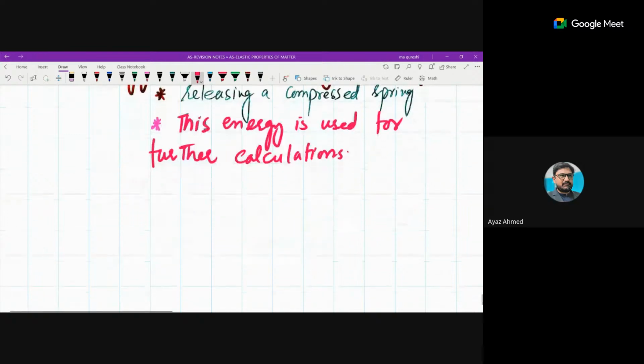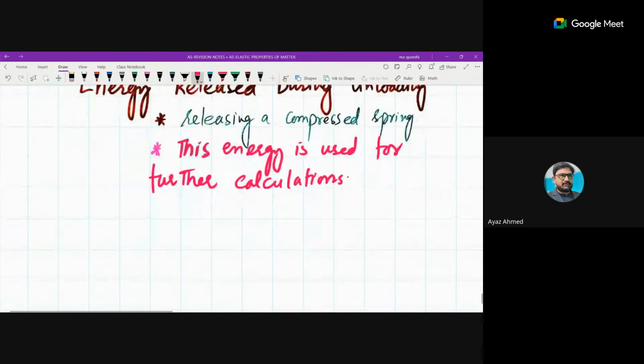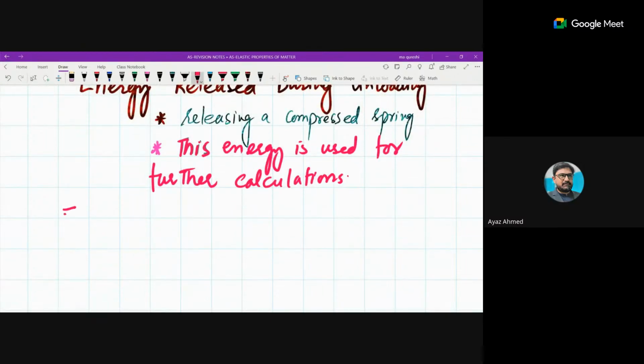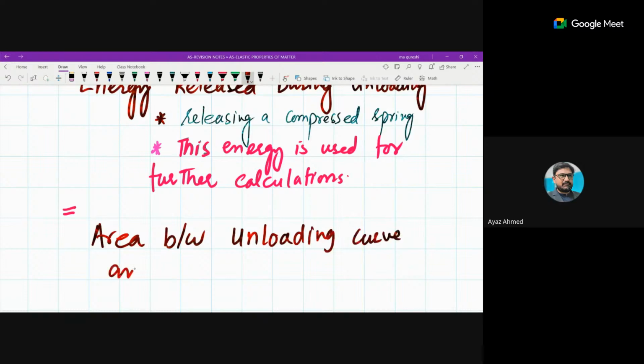Okay, and how to calculate that one? That energy is equal to the area under or between the unloading curve and the extension axis.